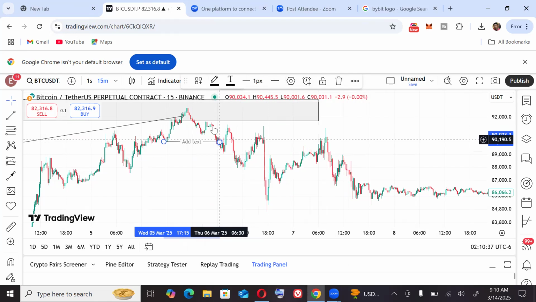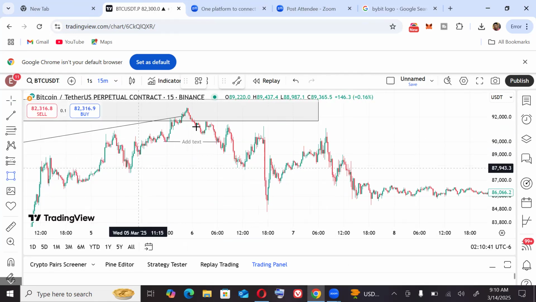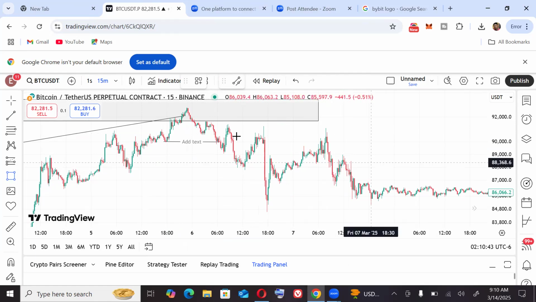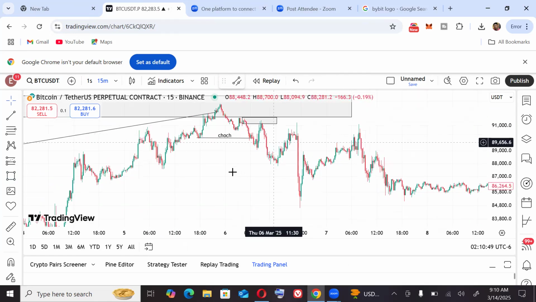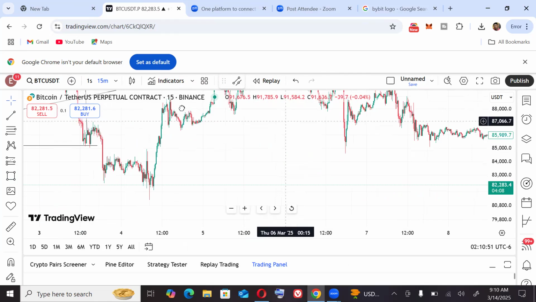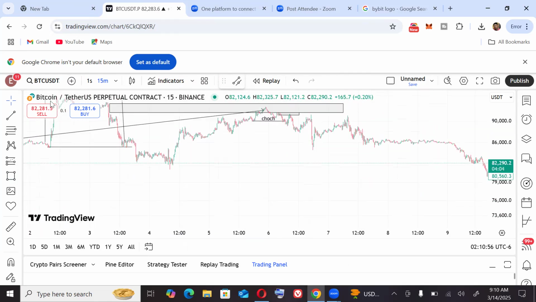simply just come here and then take our entries from here. Take our entries here. And voila, we'll ride all the way down to the low of this point.